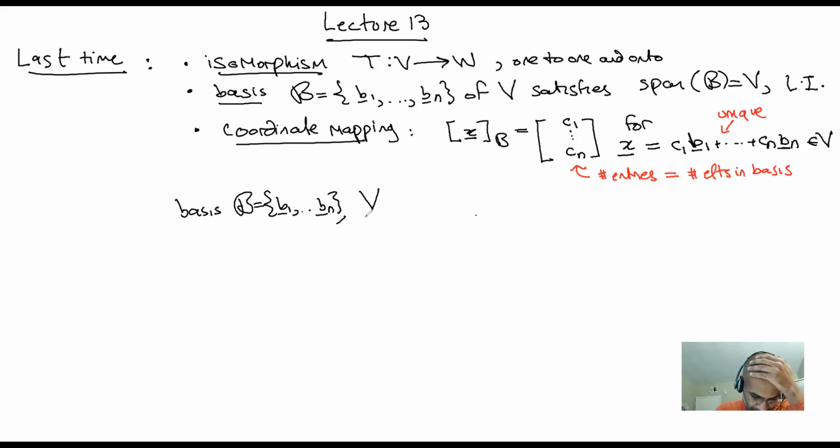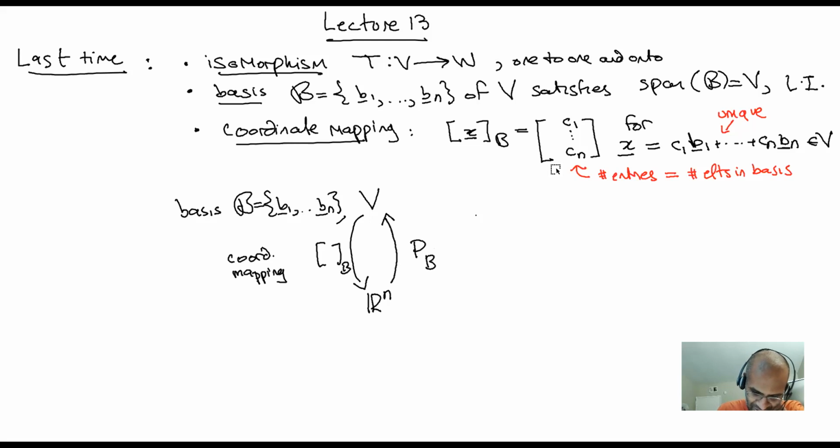And then there's this linear transformation that takes V to Rn, and this is the coordinate mapping. This is always an isomorphism, so it has an inverse, which is this thing that we call PB. This is related to both the concepts of basis and isomorphism.